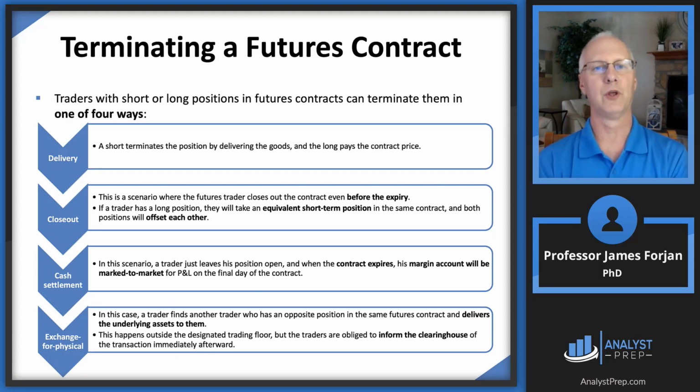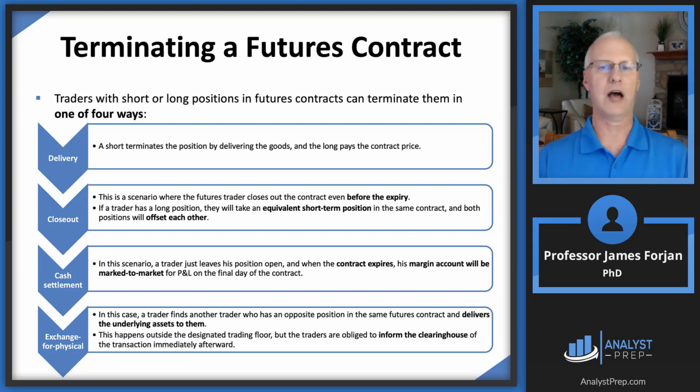Now, I promised you earlier I'd tell you how to get out of this futures contract, and you can do it a couple of different ways. You can just show up with the goods, right? The short position agrees to sell, so the short position can just fulfill the terms of the contract by bringing the corn or the oil or the gold to the buyer.